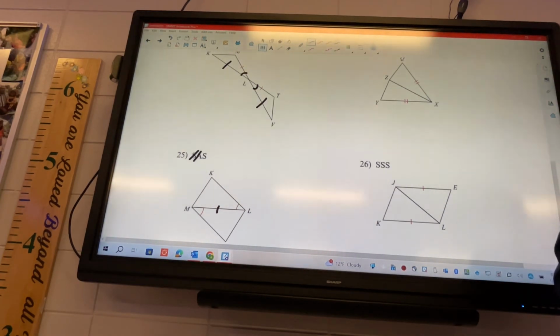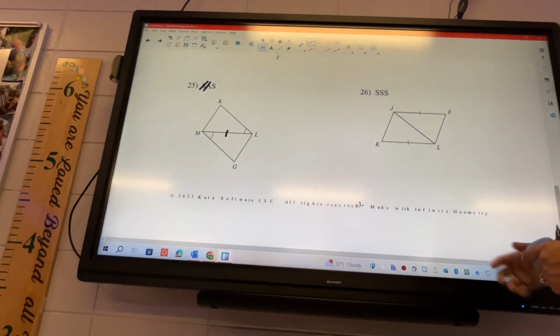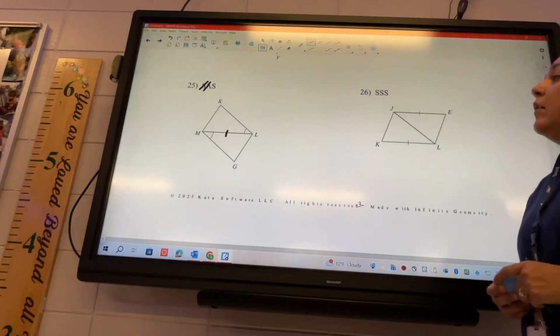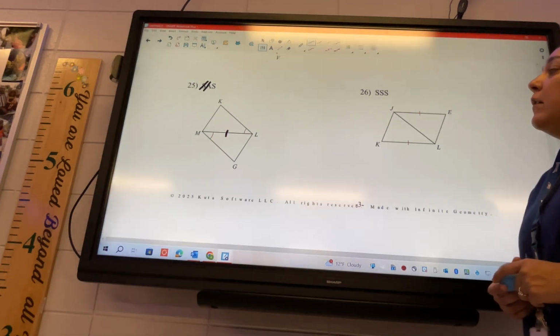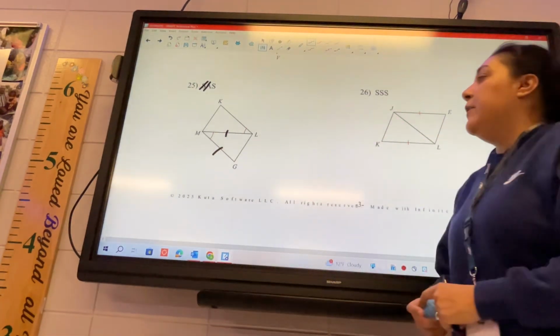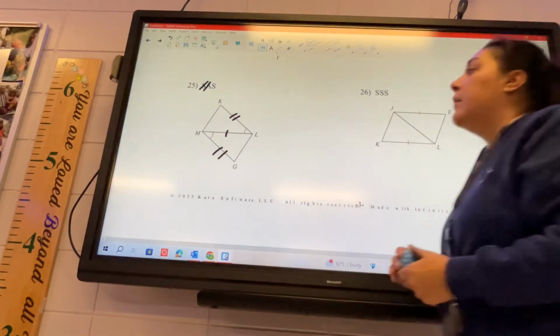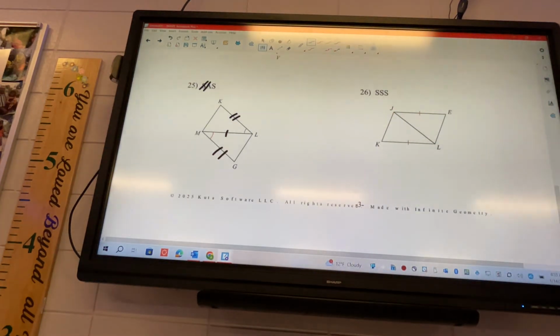In between L and G? Or N. Oh, I see the G. N and the G. M and G, I agree with M and G. What about for the other one? K and L. K and L. We got 3 left.